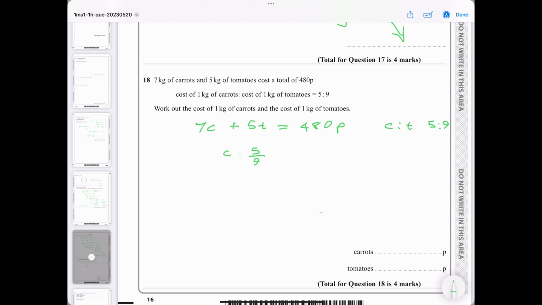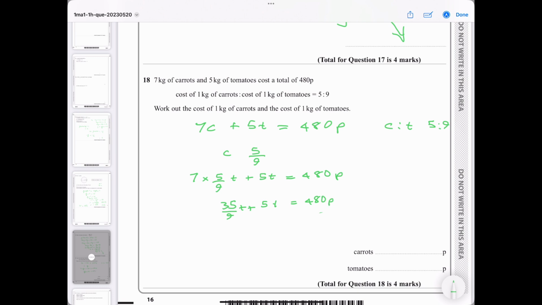So if we put that back in, 7 times 5/9 T plus 5T equals 480p, and that would equal 35 over 9 T plus 5T equals 480p.